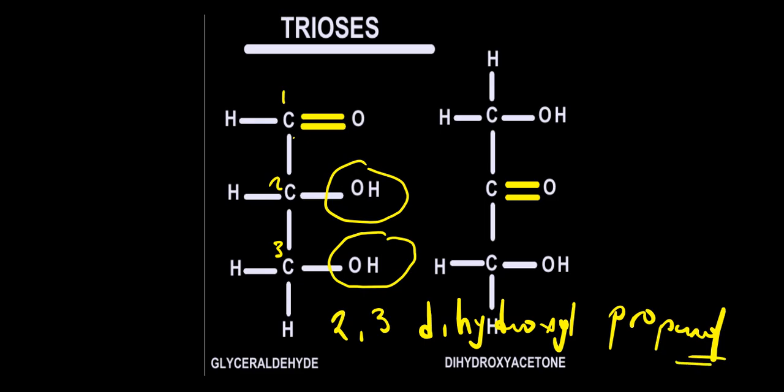Now propanol to me is an alcohol. You remember from your organic chemistry, in terms of alkanes, propane had 3 carbons, butane had 4, pentane had 5. So that's what we're talking about. Now this molecule has 3 carbons, so it will be like a propane.